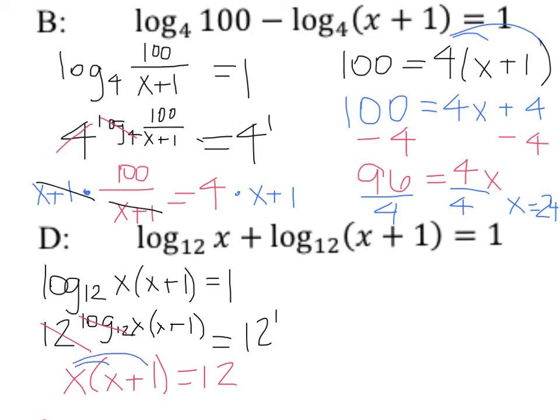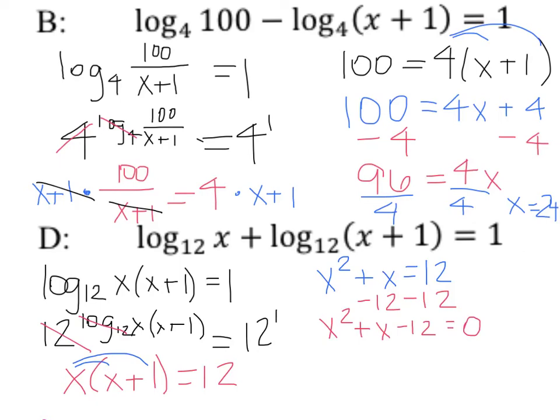So that's x times x will give us x squared, plus x times 1 is x, equals 12. We can't solve this. If you have two x's, we can't solve it. So what we're going to do is subtract this 12 and put it over here onto the left side. So we get x squared plus x minus 12 equals 0.